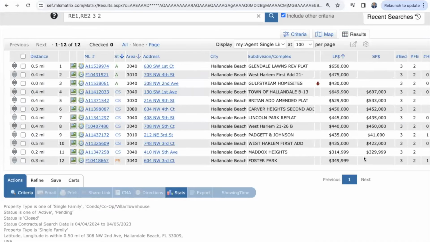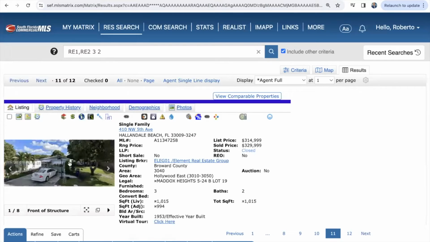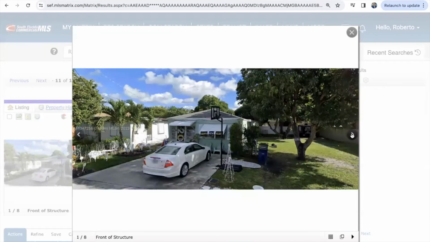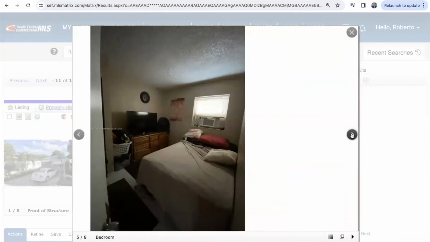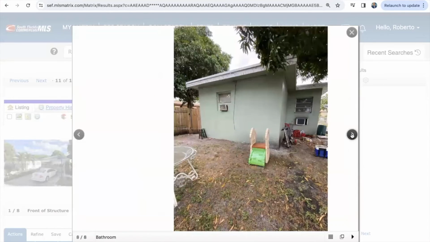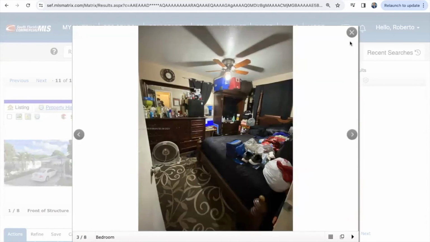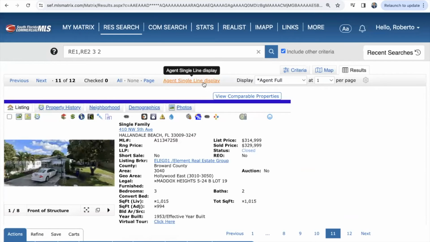We have one here now coming in at $329, and then everything else is above $400,000. We'll take a look at this one. This is coming in at $329. This is not comparable. So we're not going to use that one.